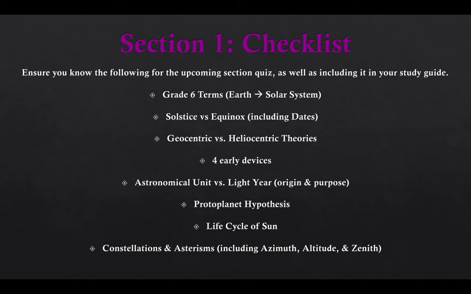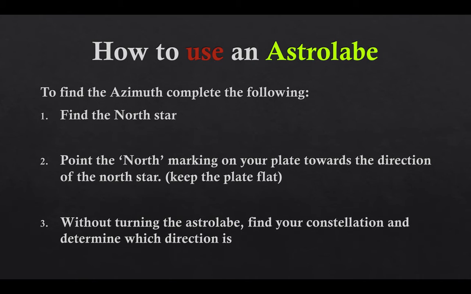To find zenith, I didn't give you the instructions for zenith. This is the one where you're asking how high up off of the ground or off of the horizon it is. Now it's okay to move your astrolabe. You're going to look at your star through that straw. And what's going to happen is the string is going to fall somewhere between 0 and 90 degrees.